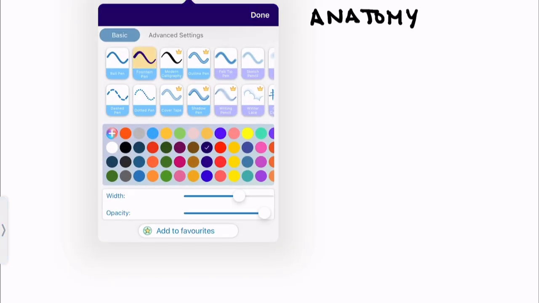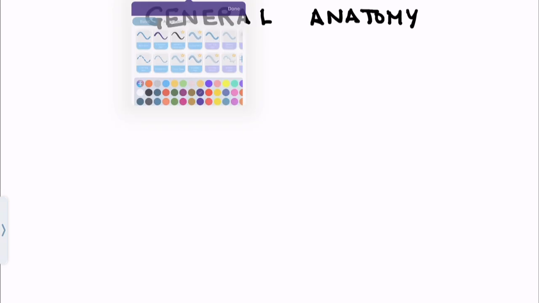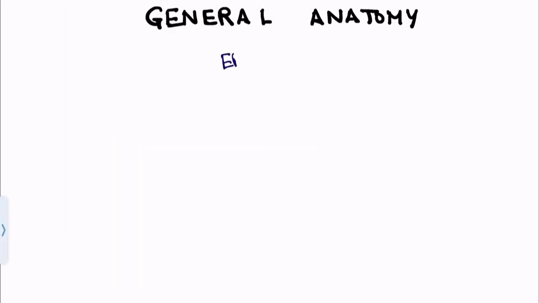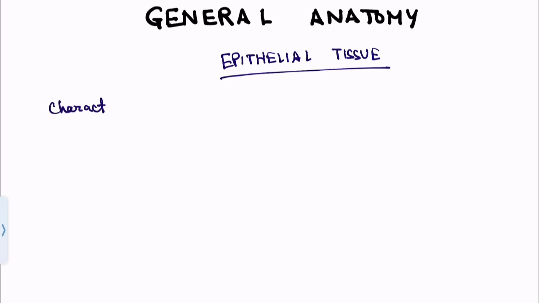So when we begin with epithelial tissue, what are the things that we need to know? Now we'll come slowly. So first of all, what are the characteristics of epithelial tissue?